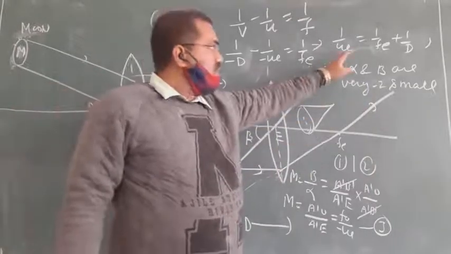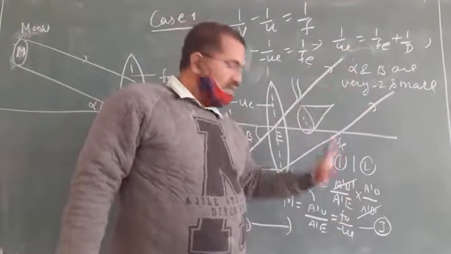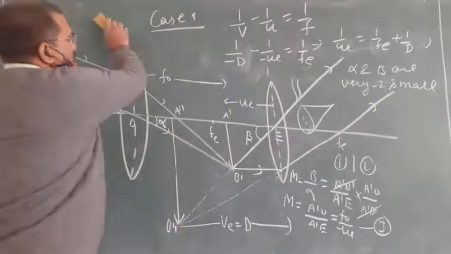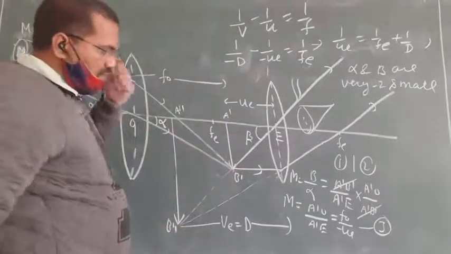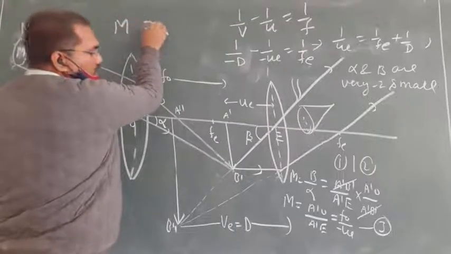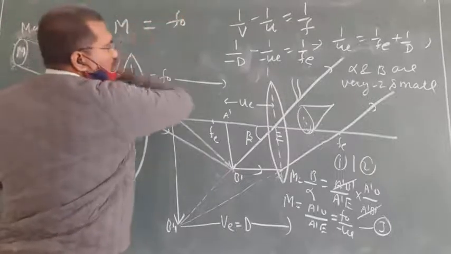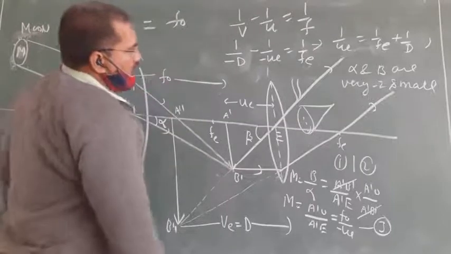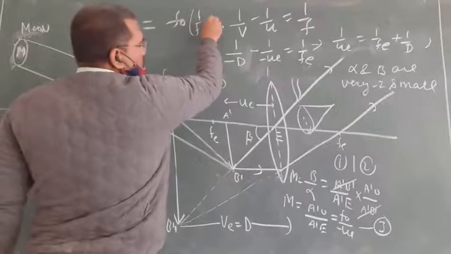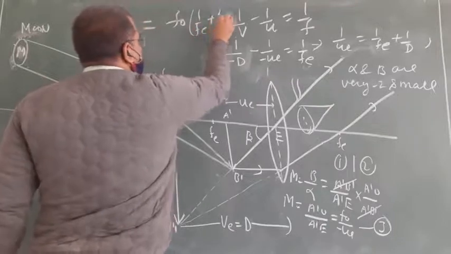So you should put this value in the third equation. What do you get? M equals FO times 1 by FE plus 1 by D.